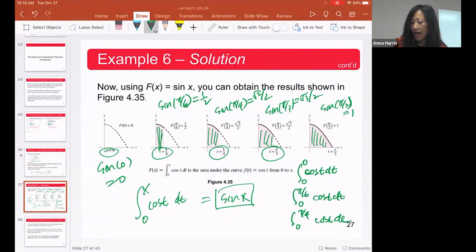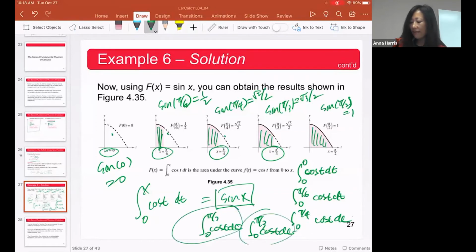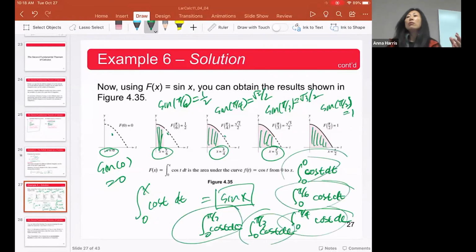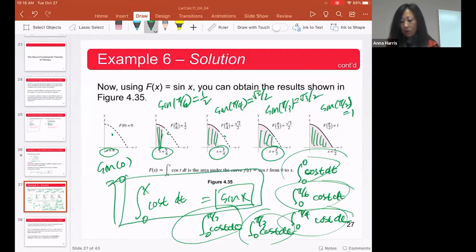I would have had to do 1, 2, 3, 4, 5 integrations. But I didn't have to, because I used my upper limit to be x and changed x to different numbers. So I only did it one time. Only one integration job gives me the 5 different answers that I need.